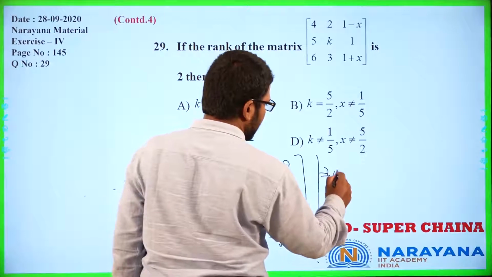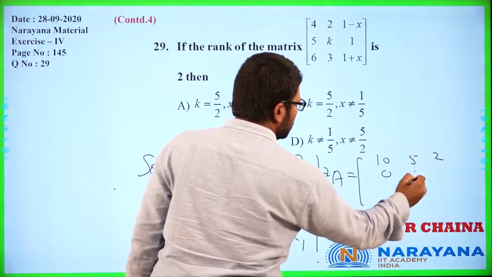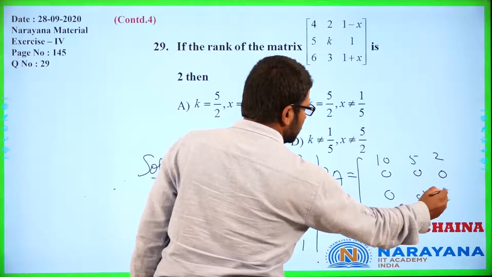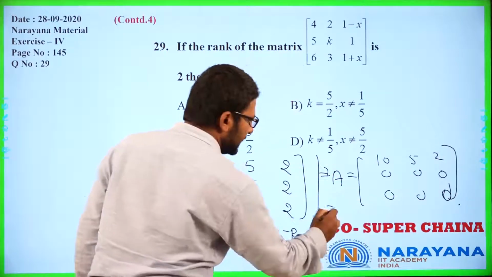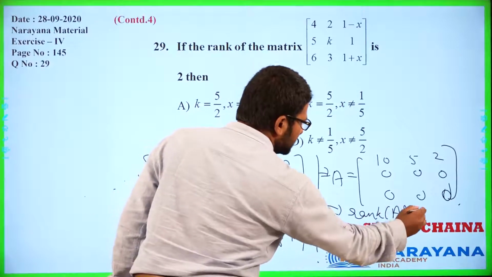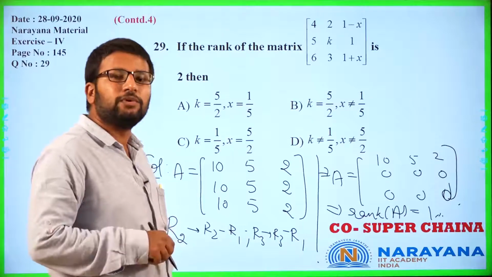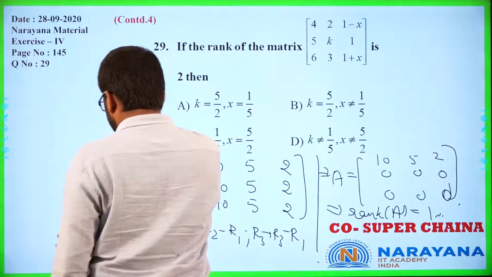So then A would become 10, 5, 2, 0, 0, 0, 0, 0, 0, right? In which case, what is rank of A? Rank of A is equal to 1, but we don't want that to happen, right?